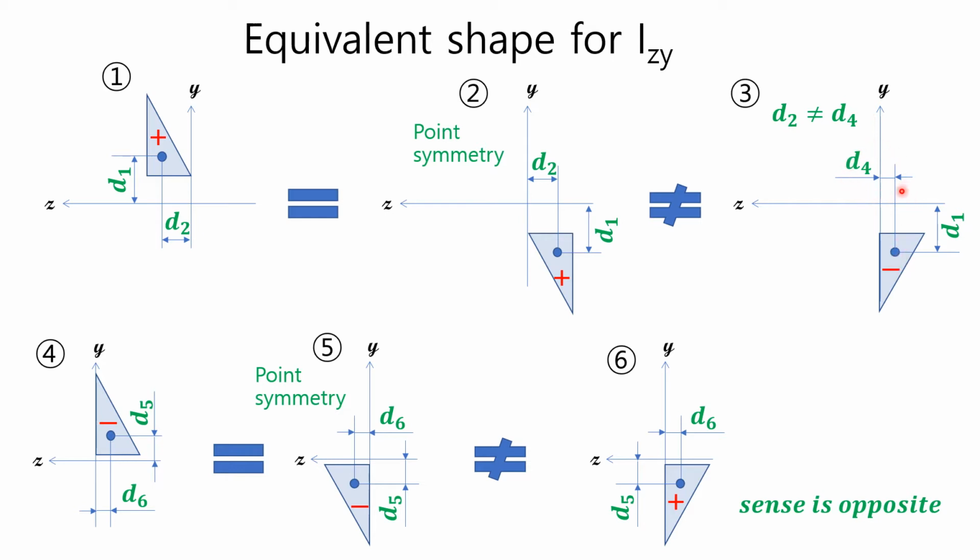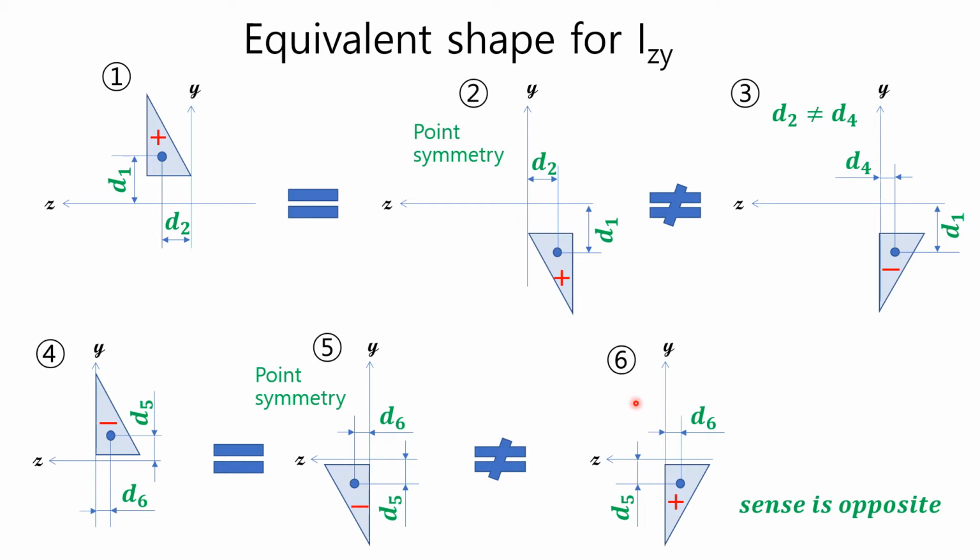The product moment of area for the fourth and the fifth are the same, but that of the sixth is different because the fourth is point symmetric with the fifth about the origin, but not with the sixth.